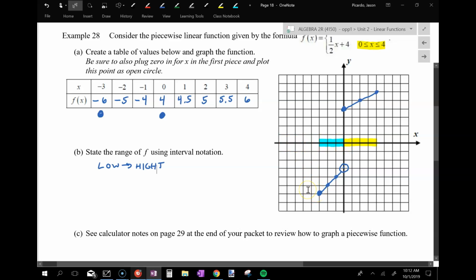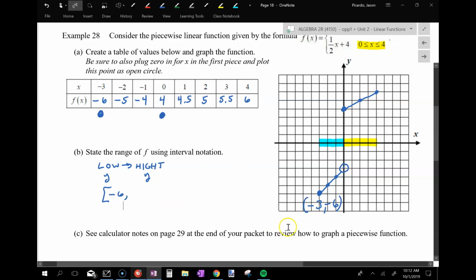Okay, what is that value? -6. When I talk about range, am I talking about X values or Y values? Y values, right? So it's low Y to high Y, right? So the lowest Y is -6. Am I touching that point? I am, right?